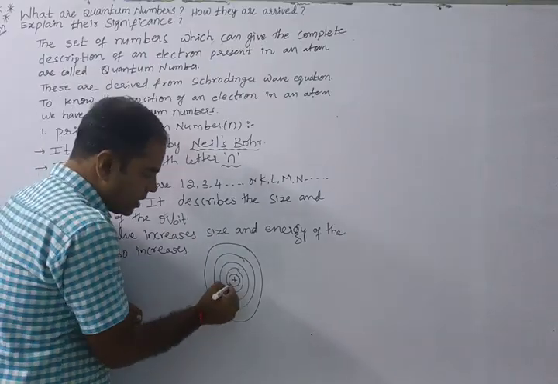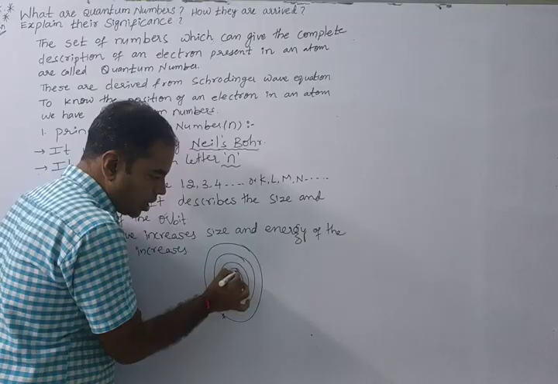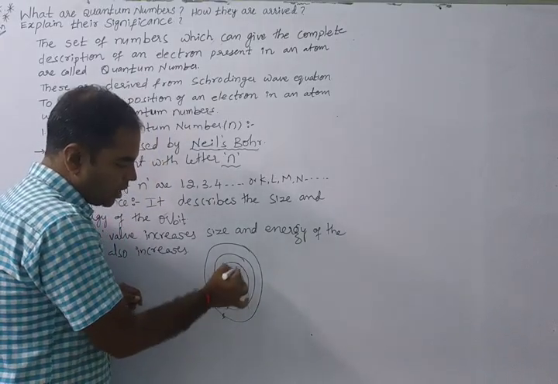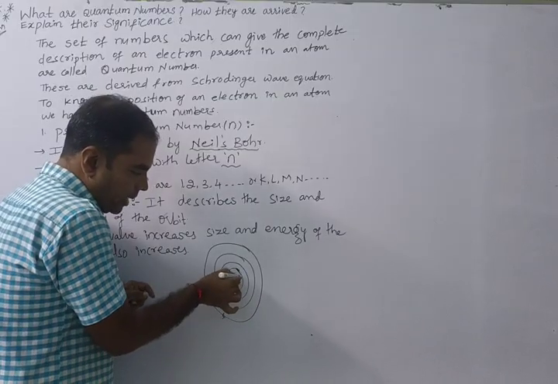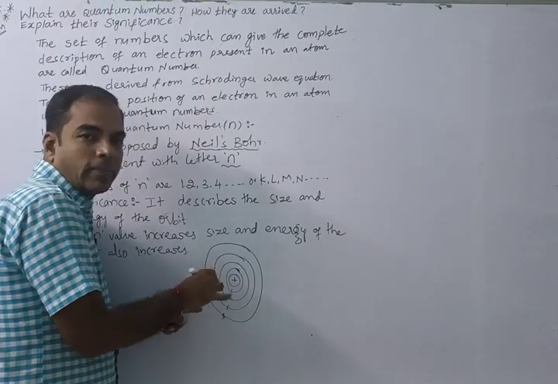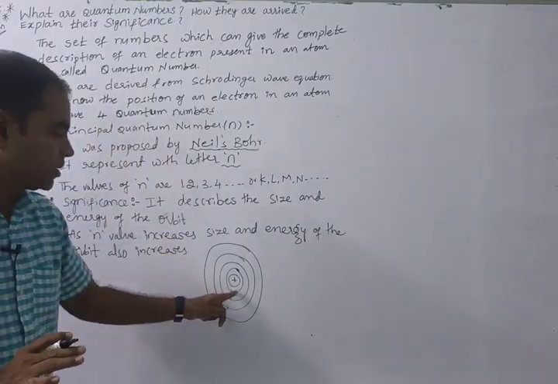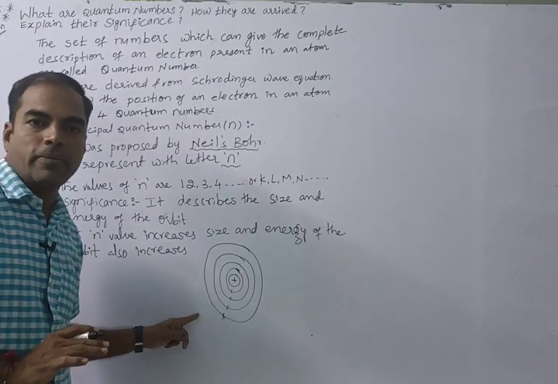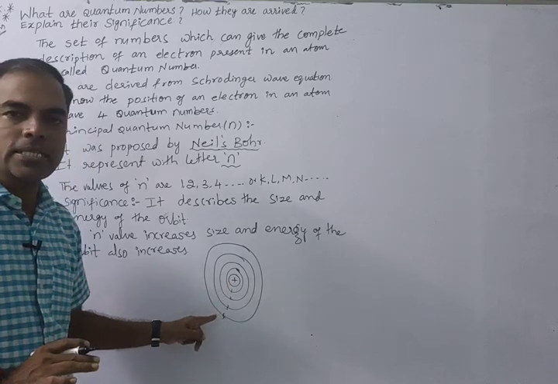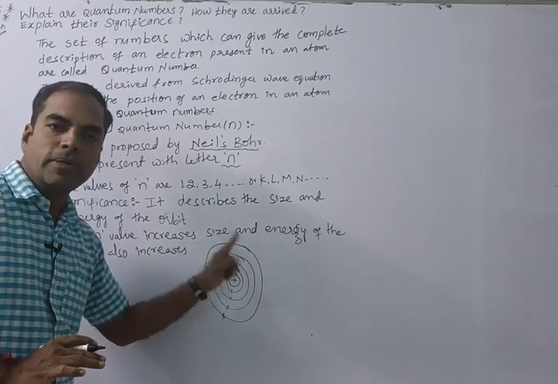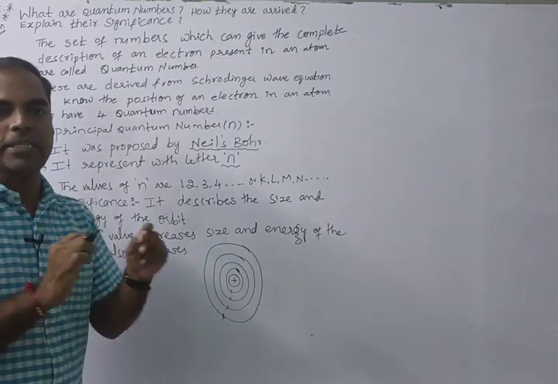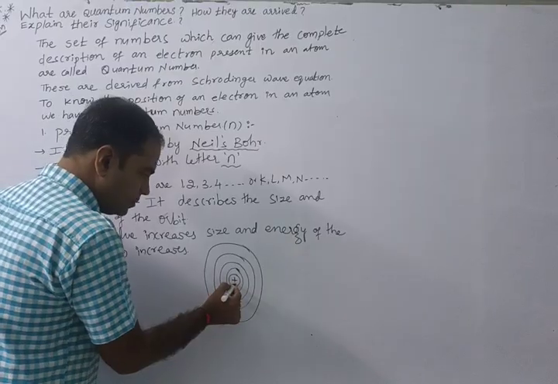Compare the first orbit and the fourth orbit: the fourth orbit is larger. As n value increases, the size and energy of the orbit also increase.